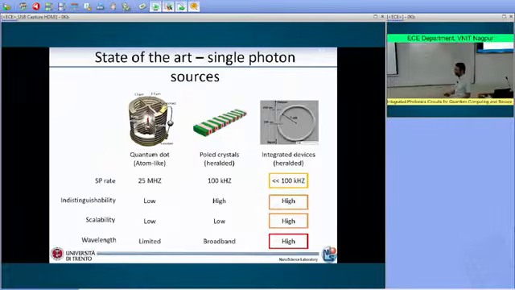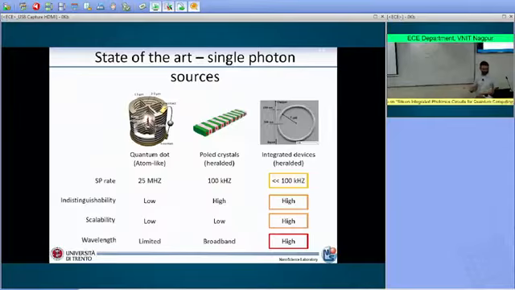And the wavelength where you can generate your photon is quite limited, because you need that specific electronic transition. In the case of integrated devices, we have a very large wavelength region where we can generate a single photon. They are very scalable, so we can integrate many of those sources.